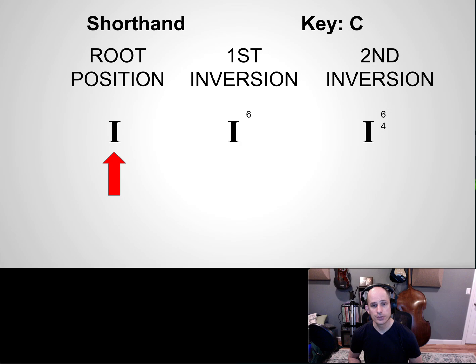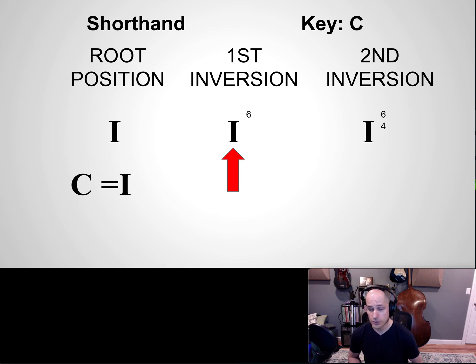If you see no superscript on a number, so a 1 chord, for example, or a 2 chord or a 3 chord, that means that the chord is in root position. So for example, in this case, the key is C, I see a 1. That means that I just have a C chord. That's the 1 chord. In this example, I see a superscript 6, a 1-6 chord.